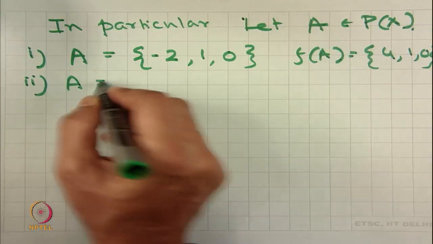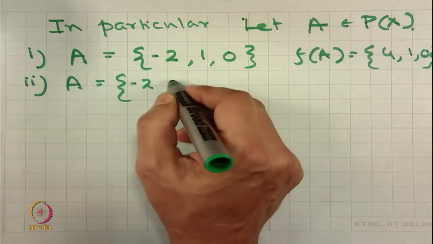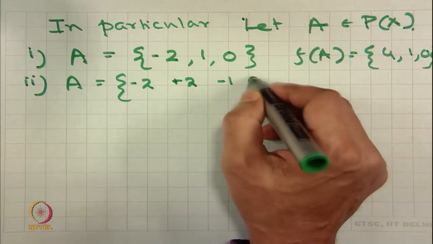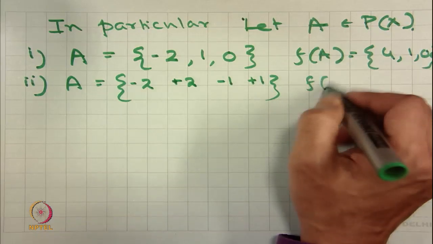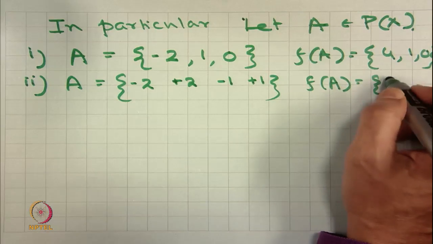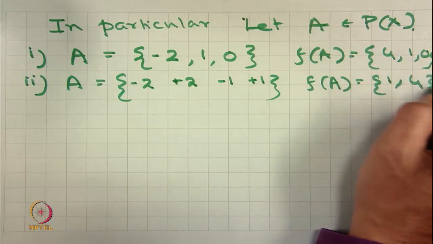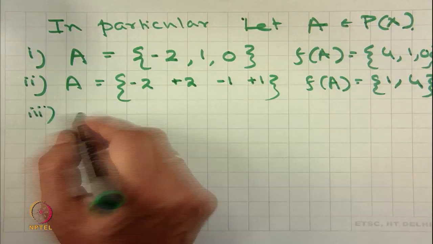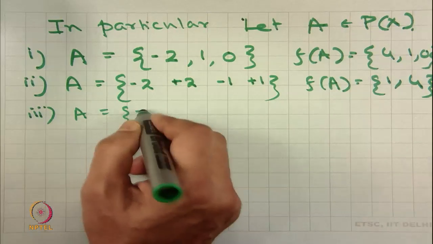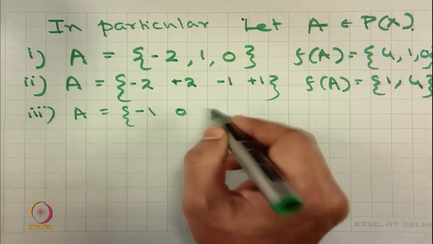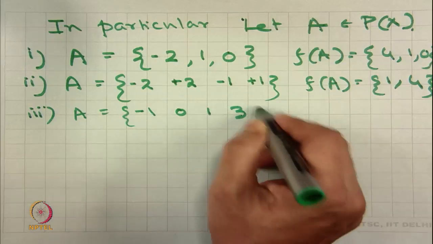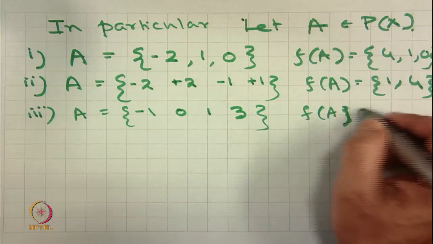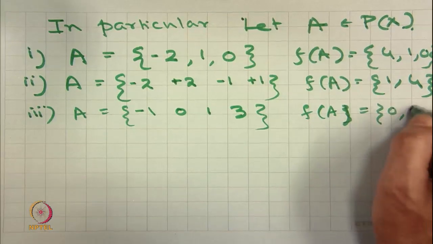If a is equal to -2, +2, -1, +1, then f a is equal to 1, 4, and if a is equal to -1, 0, 1 and 3, then f a is equal to 0, 1, 9.